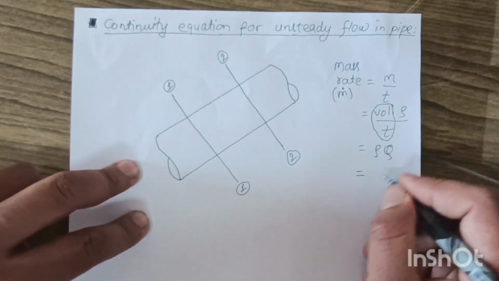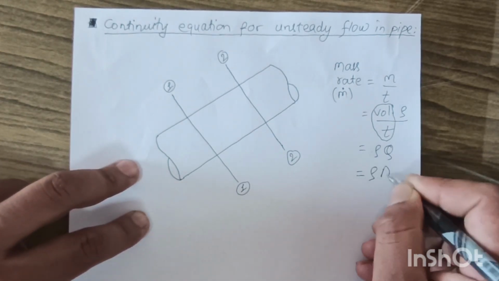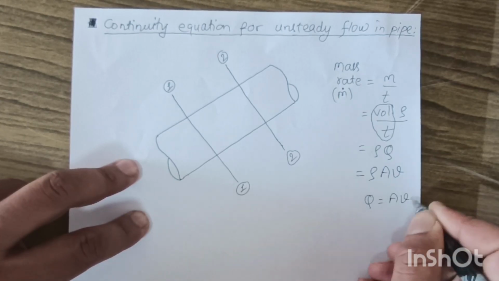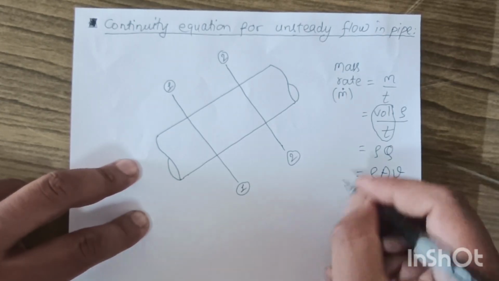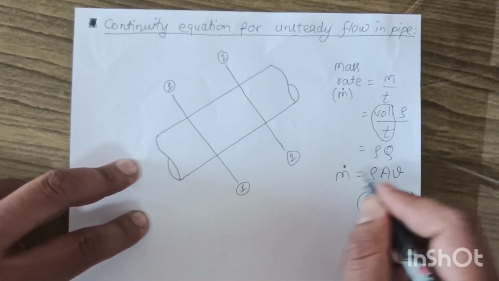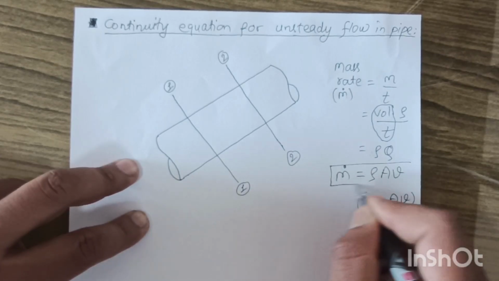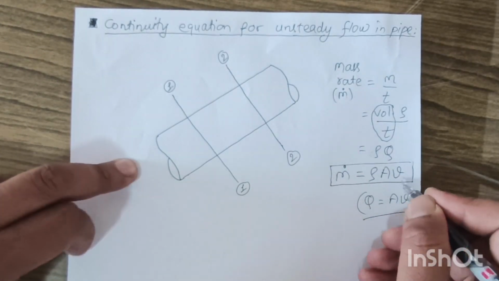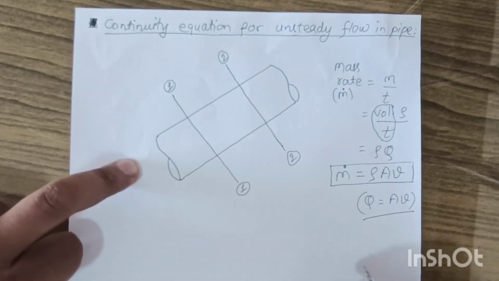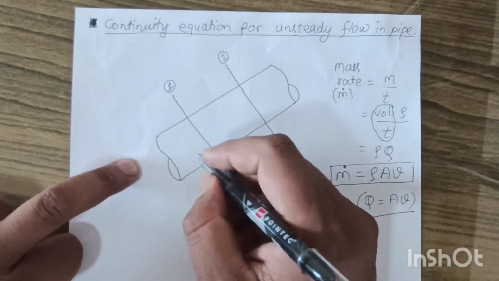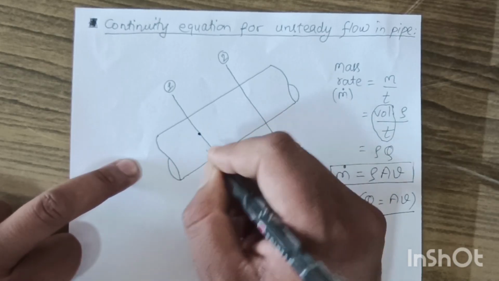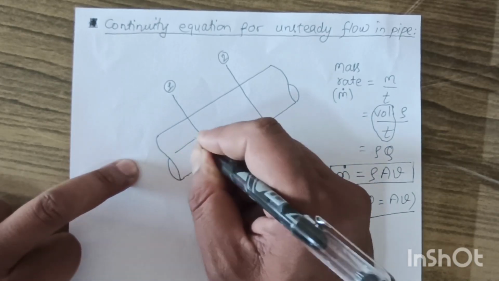So by using the continuity, you can say rho into area into velocity. Because continuity says that Q is equal to area into velocity, this is how the mass rate can also be called the product of density, cross sectional area and the average velocity. So this is the mass flow rate entering the pipeline at section 1: rho AV.